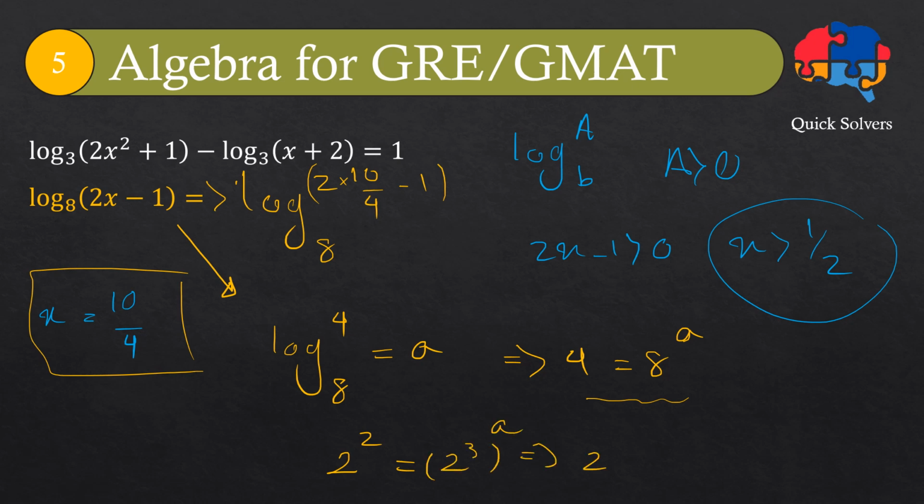This is saying that 2 to the power of 2 equals 2 to the power of 3a. Since the bases are the same, we can conclude that 3a equals 2, which tells us that a equals 2 over 3. So this logarithm is 2 over 3, and this is the final answer.